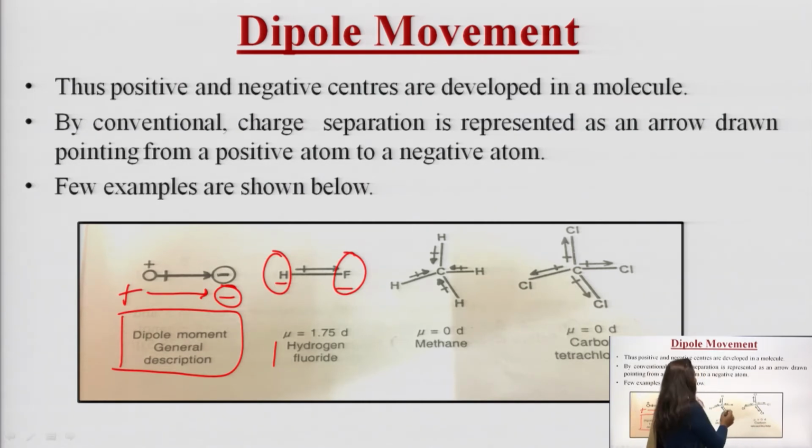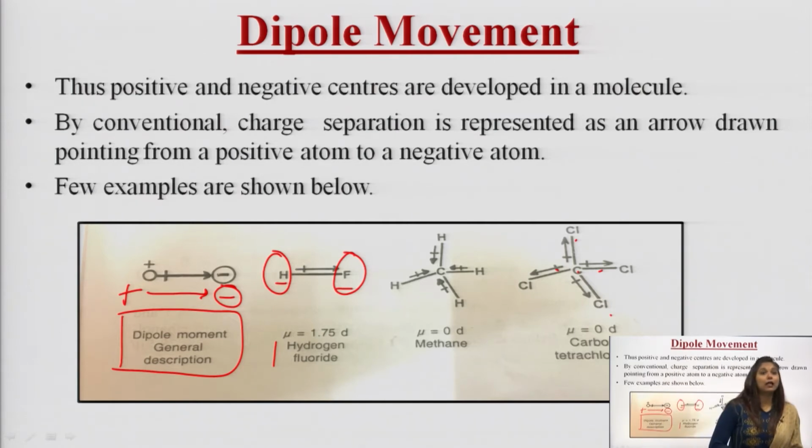Okay. So, here in carbon tetrachloride what we have? Carbon, and we have 4 chlorides attached to it. This from carbon to chloride, carbon to chloride, carbon to chloride, carbon to chloride. So, this is the kind of conventional charge separation which is represented by an arrow, which is always drawn pointing from a positive atom to a negative atom.